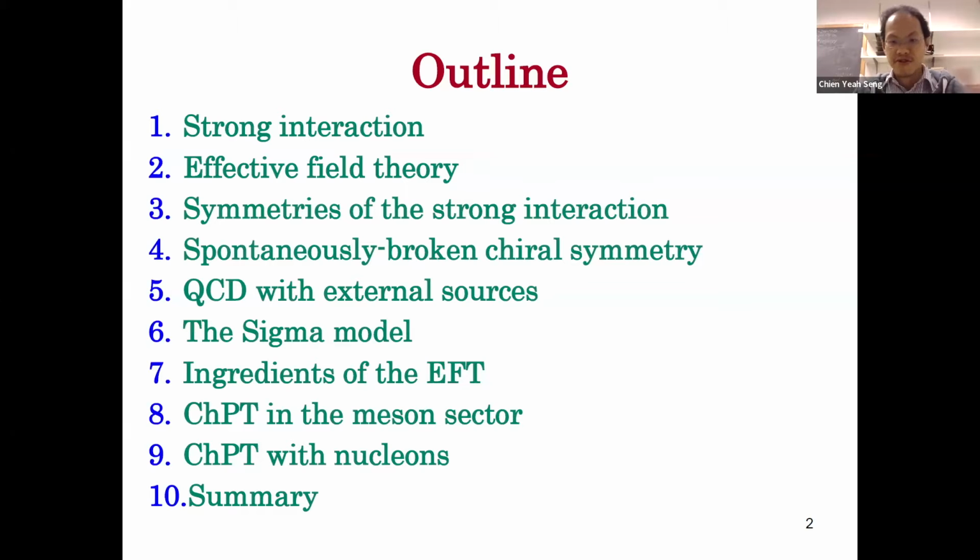And then we'll introduce the so-called Nambu-Goldstone boson, which is generated from the spontaneously broken symmetry, and is the ingredient of chiral perturbation theory. And then I will write down the lowest order Lagrangian for the Nambu-Goldstone bosons and the nucleons, and then calculate several observables as examples.